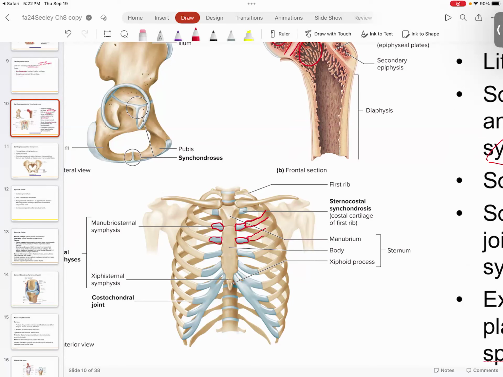The reason you have this is because it provides flexibility to open your rib cage during breathing.